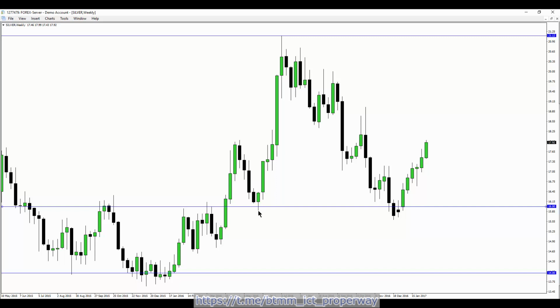Now think about what we were seeing here. We have the monthly breaking a short-term high and price rallying higher through, and the weekly starts trading lower at the same time that we expect the monthly to send price higher.